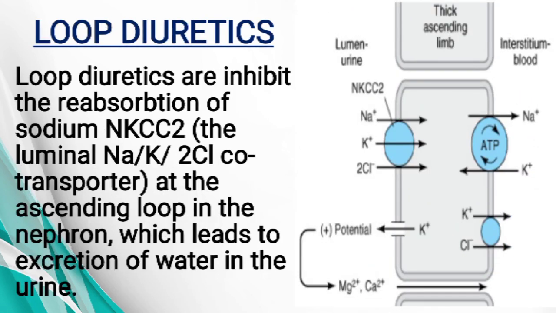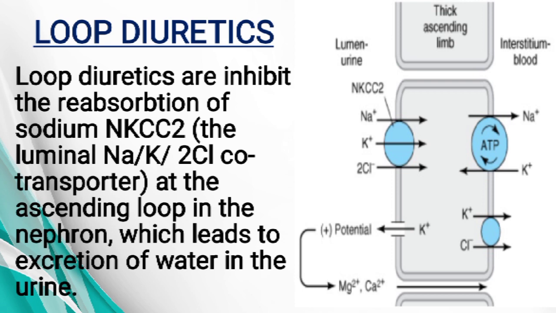Now, what are the loop diuretics and what is the mechanism in a brief way? Loop diuretics inhibit the reabsorption of sodium by NKCC2 at the lumen.